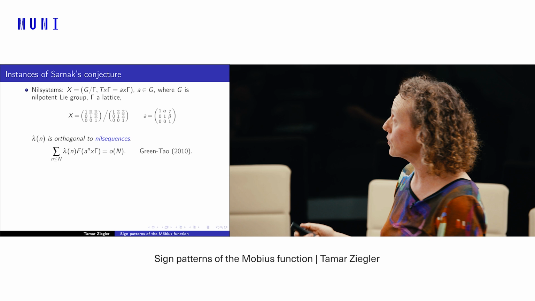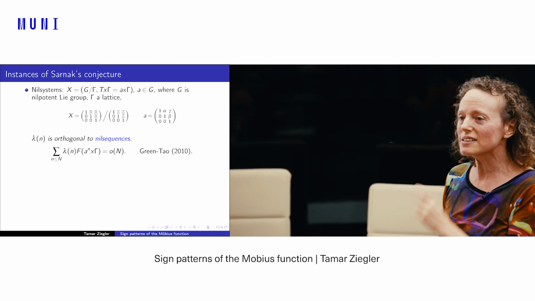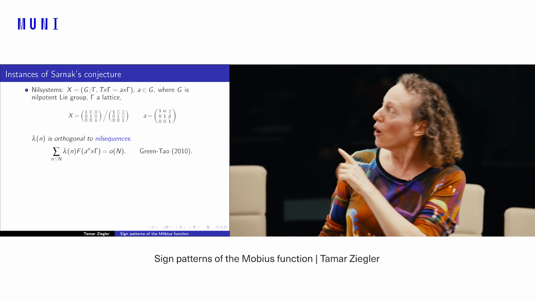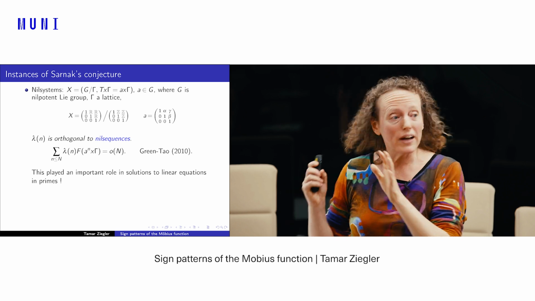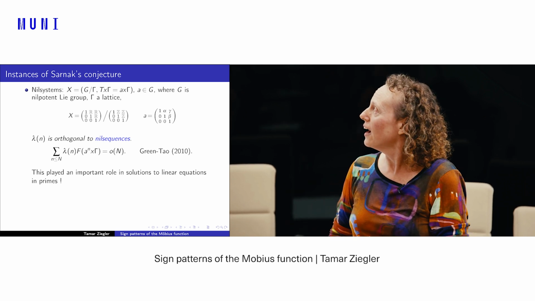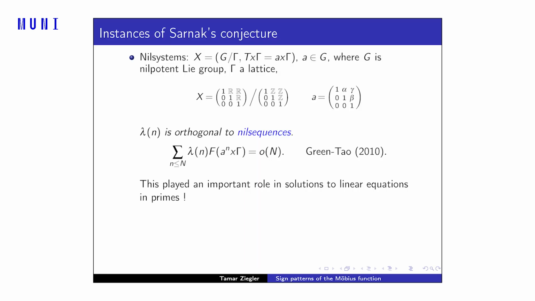But now we have this extra twist in the third coordinate, and these are really important systems. First of all, the fact that lambda is orthogonal to sequences coming from these systems was proven by Green and Tao in 2010. I think that was prior to Sarnak's conjecture.